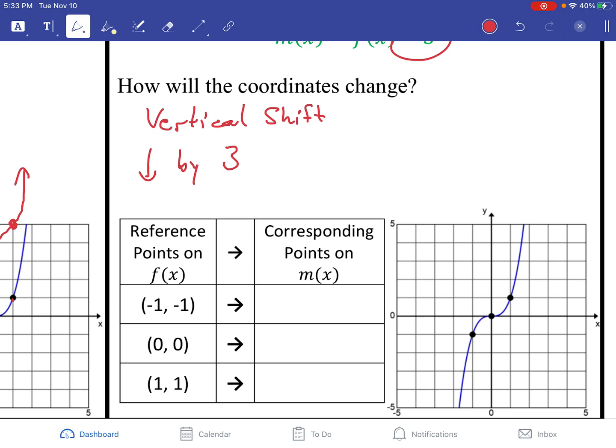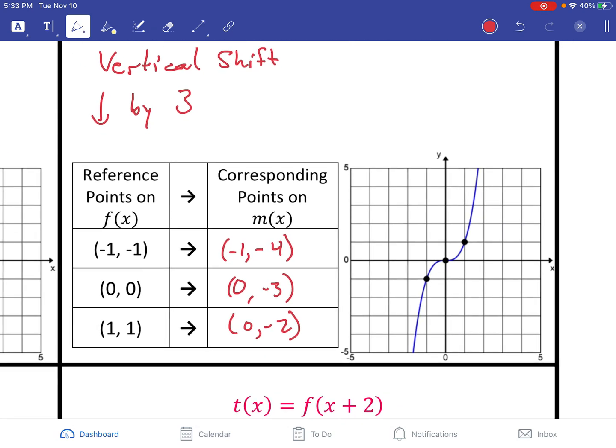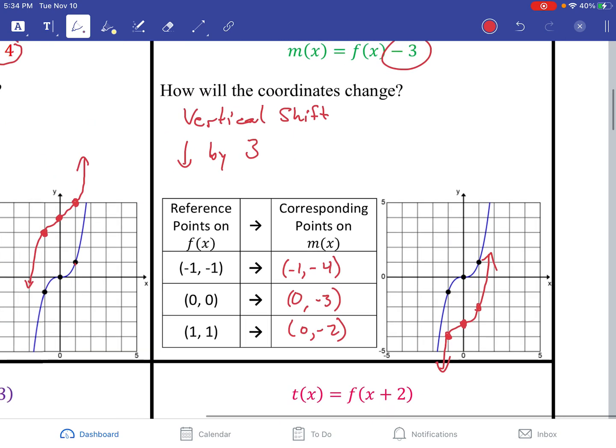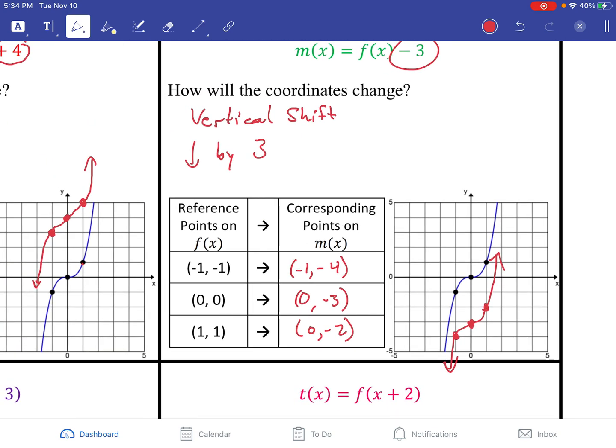So -1 minus 3 is -4. 0 minus 3 is -3. And 1 minus 3 is -2. If we think about the graph, it's going to be picked up and moved down by 3 spots and regraphed. And that's a vertical shift that's going down.